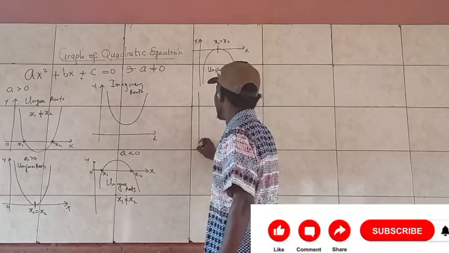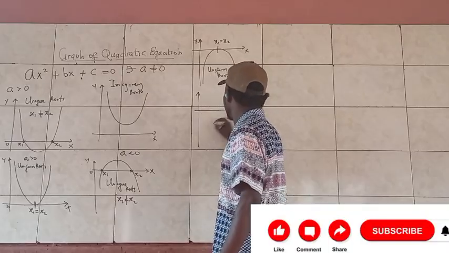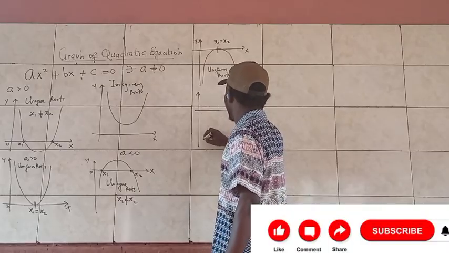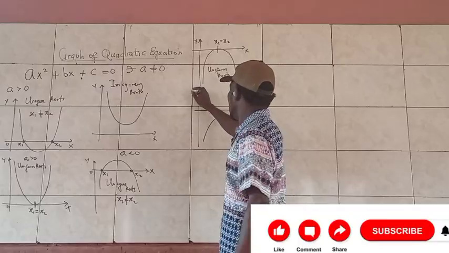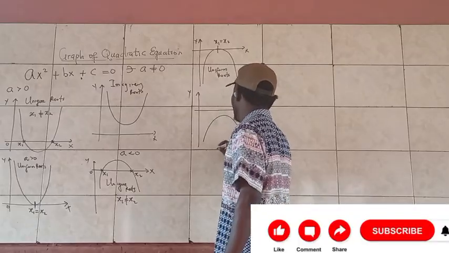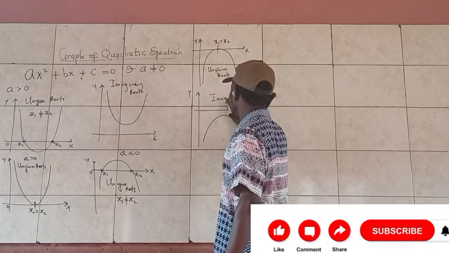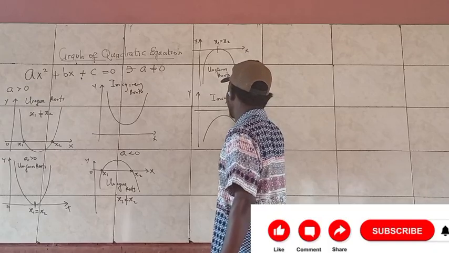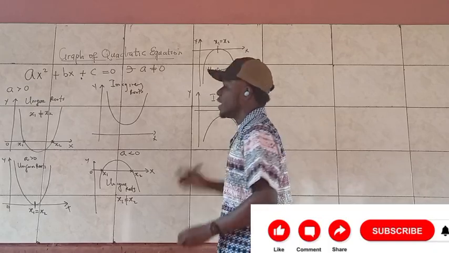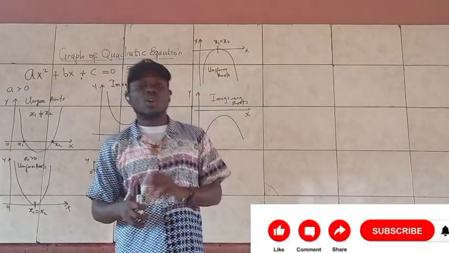And the imaginary form is like this, where I have my curve angling, not cutting the x-axis at all. Then it's called imaginary roots. That's the case that we have when it comes to plotting graphs.